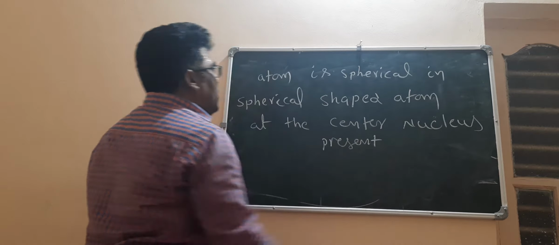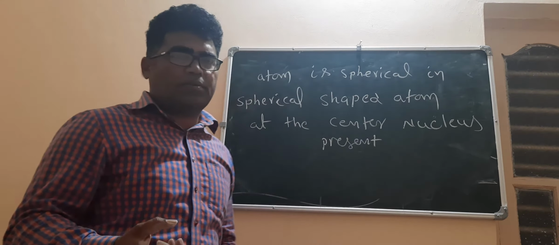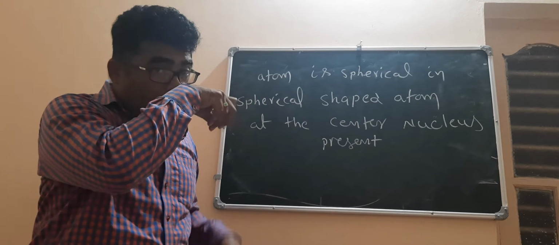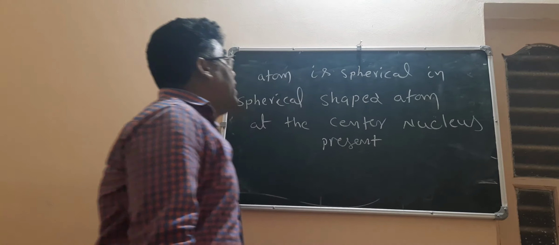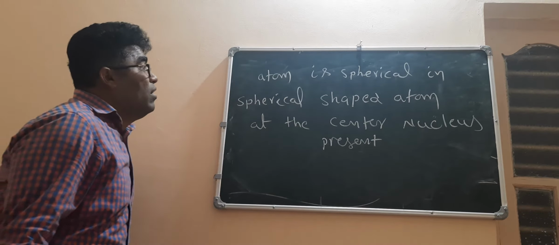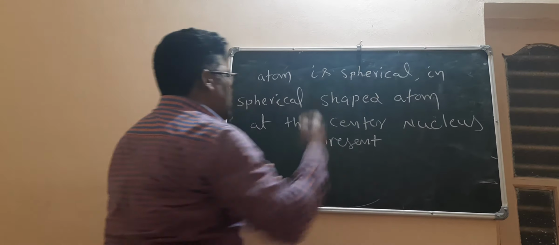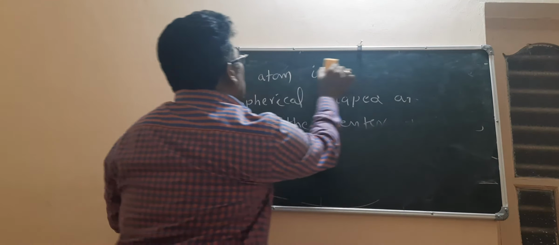To understand electronic configuration, you need some basic concepts, apart from atomic number and atomic weight, which we are going to discuss now. The atom is spherical; in a spherical shaped atom, at the center the nucleus is present.